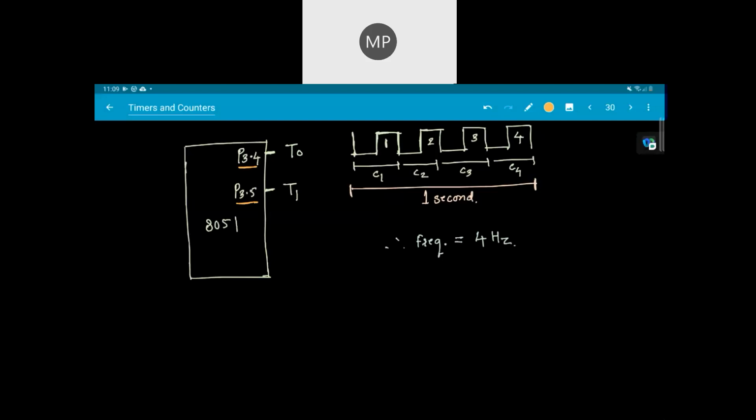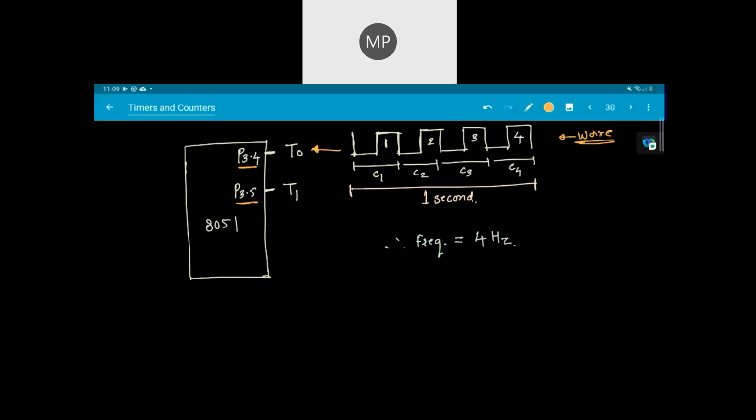Okay, now let's say we have this kind of a wave, and we are applying this wave to any one of these two pins. Let's say we'll be applying this to T0.